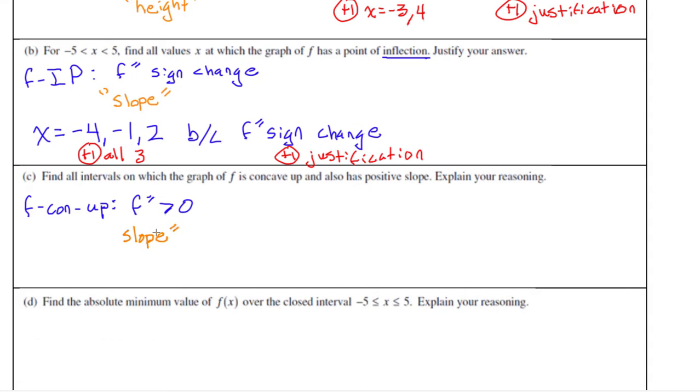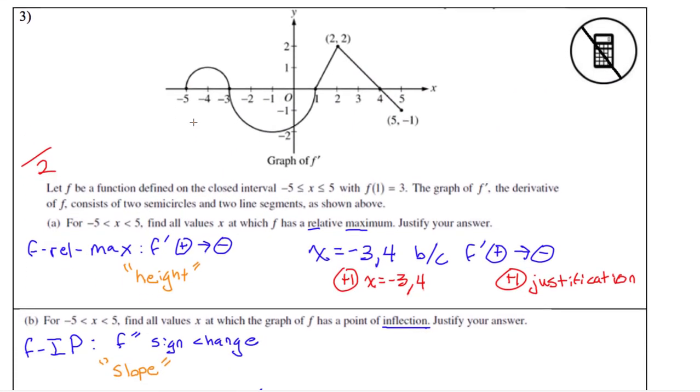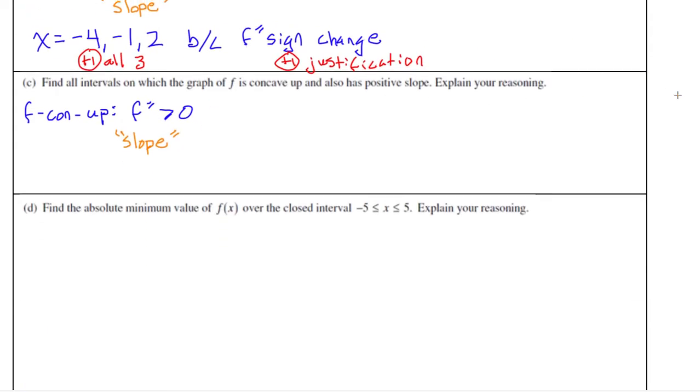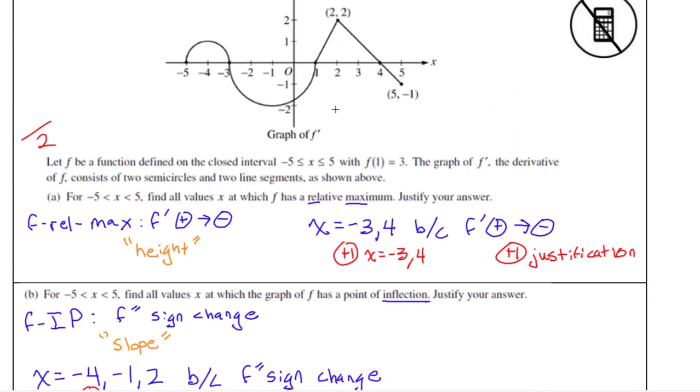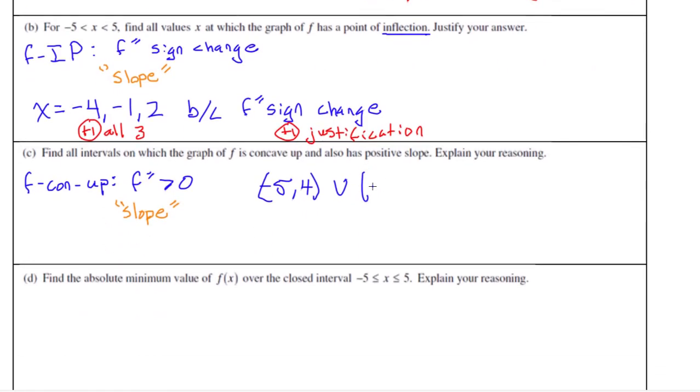Slope is greater than 0. So where is the slope greater than 0? That means slope is positive. So it's positive between -5 and 4. So -5 to 4. And we also have another interval where it's also positive, negative, negative, and now it's positive from -1 to 2.